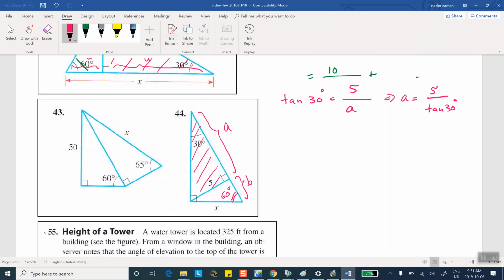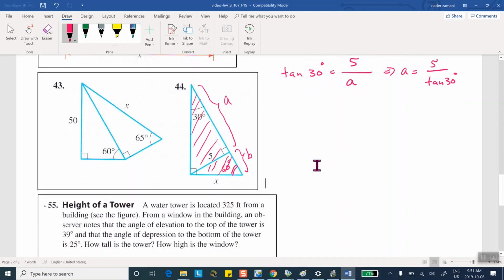So from the bottom green triangle, we have sine of 60 degrees, which is opposite, which is 5, over hypotenuse, which is x, and therefore x is equal to 5 over sine of 60 degrees.